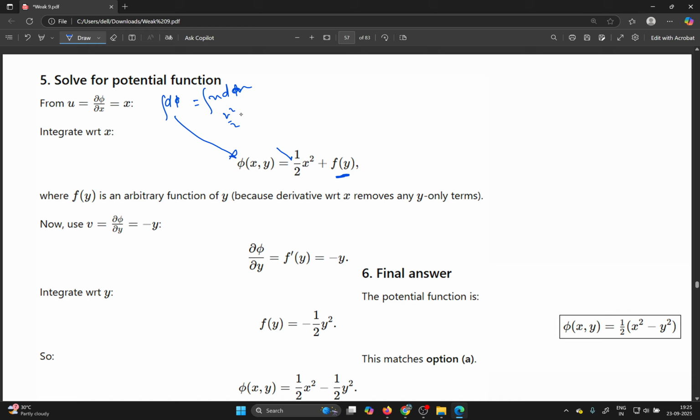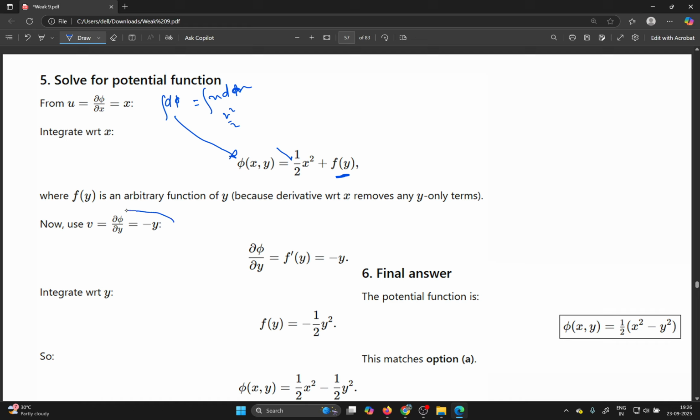If you are integrating with respect to x, then what will happen? The differentiation with respect to x removes any y term if there is one. So that is why we have written it.